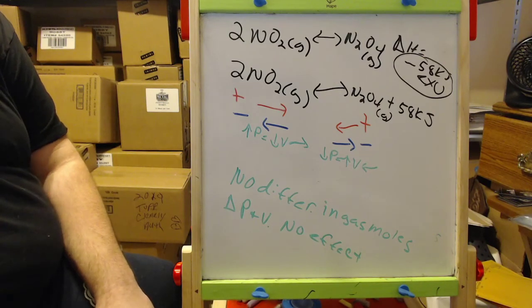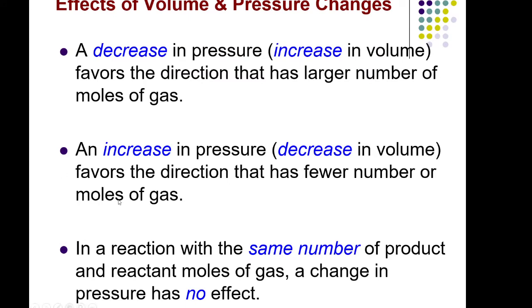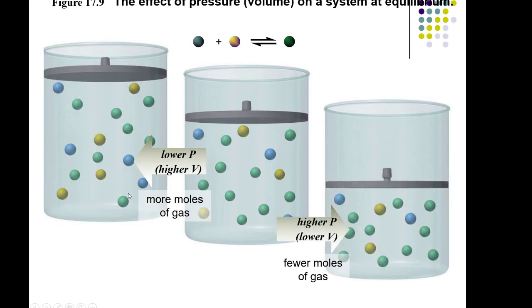Okay? And the slides say that right there. So in this example here, they have a blue molecule, a yellow molecule to turn into a green one.